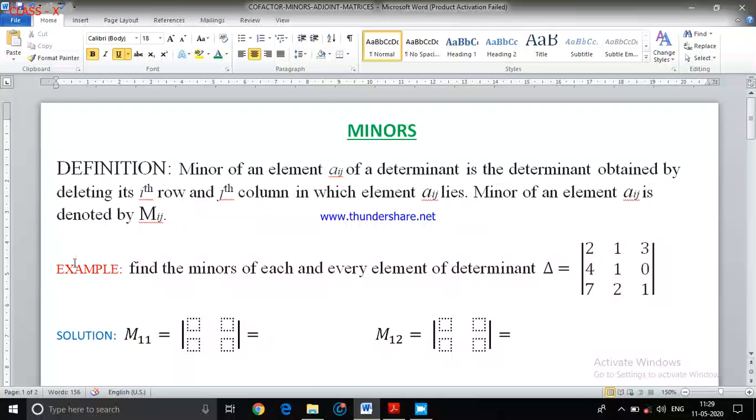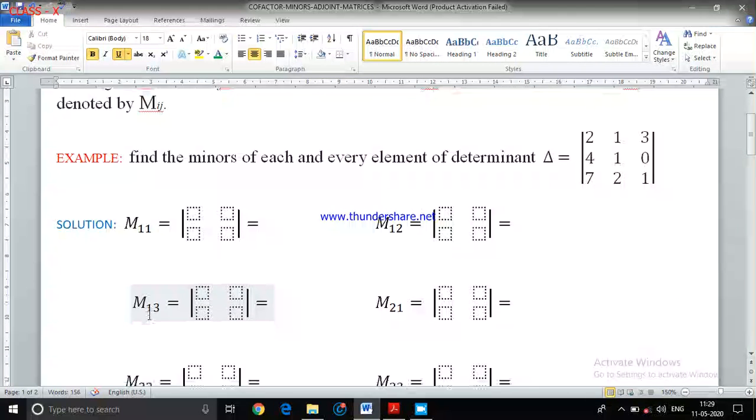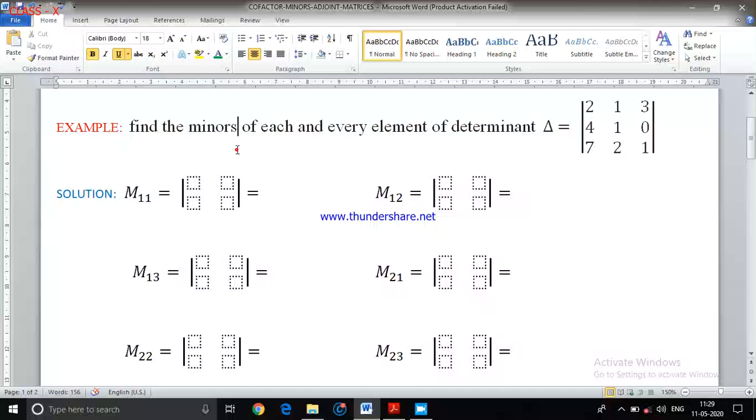Let's take an example. How does it work? Okay, so I have taken the task: find the minors of each and every element of a determinant. Delta equals 2 1 3, 4 1 0, 7 2 1. For example, I want the minor of 2. Minor of 2 means that is the first row, first element, the a11 element.